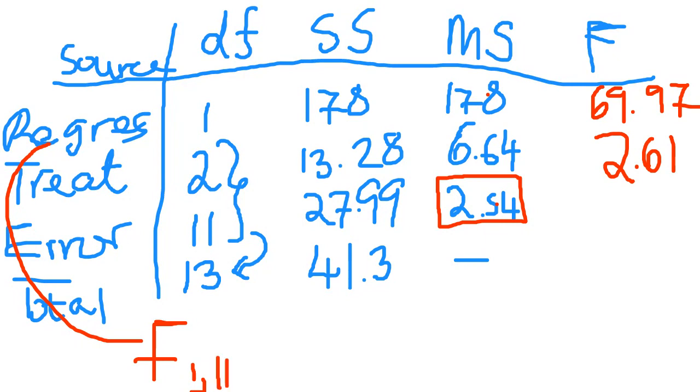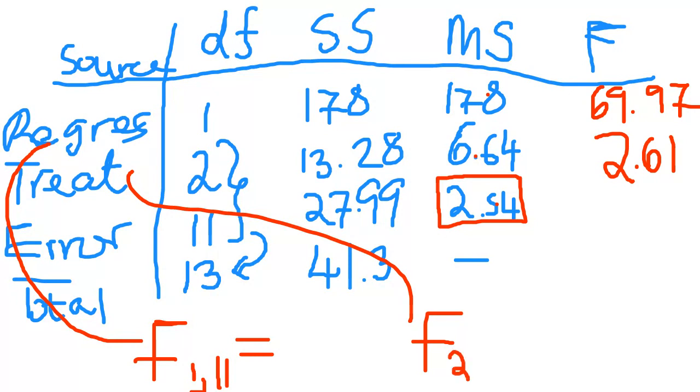When you want to test for the regression, you find the value from the table. When you want to test for the treatments, it will be F of what? For you to find this 2.61, you said 6.64 divided by this, so it's 2 and 11. So you're not going to use a common F value. You're going to use two different F values.